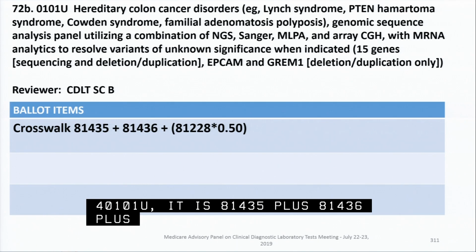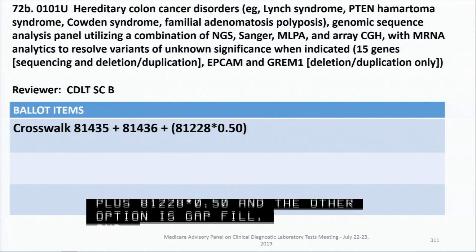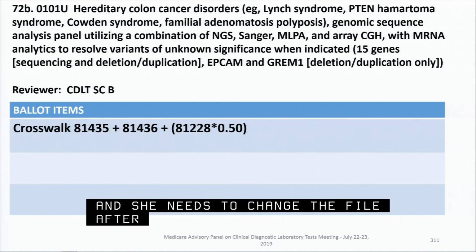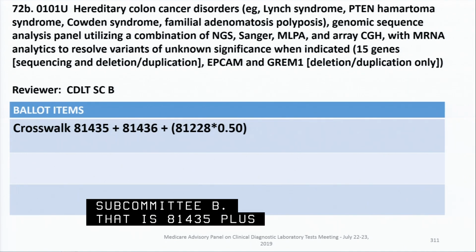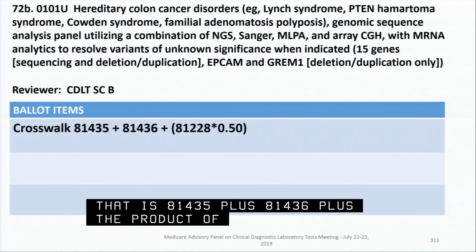And she needs to correct the slide because we made a change to the ballot items this morning after receiving clarification from Subcommittee B. Correct. It's 81435 plus 81436 plus the product of 81228 times 0.5. And of course, gap fill.